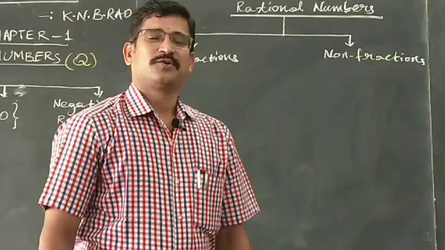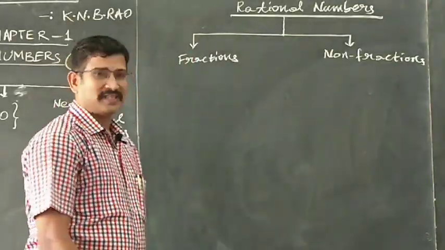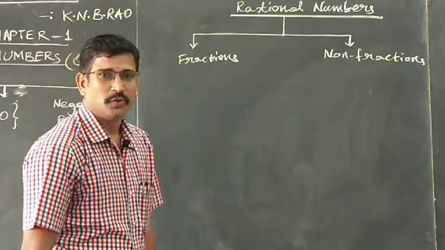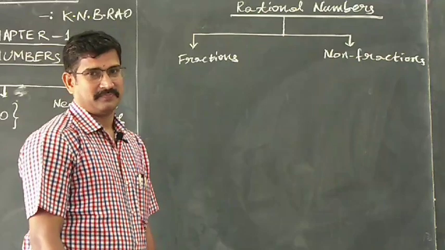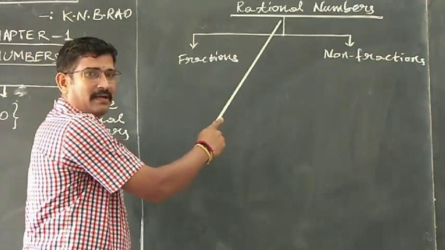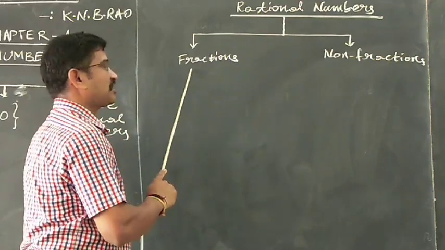Next, students, we are going to see how rational numbers are divided into various types of numbers. First, rational numbers can be classified as fractions.